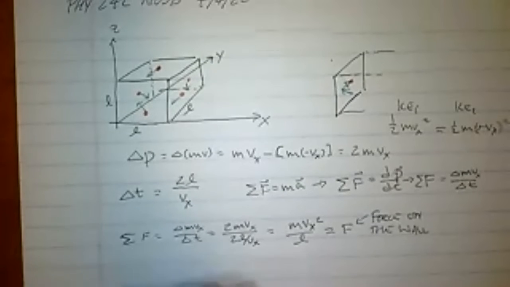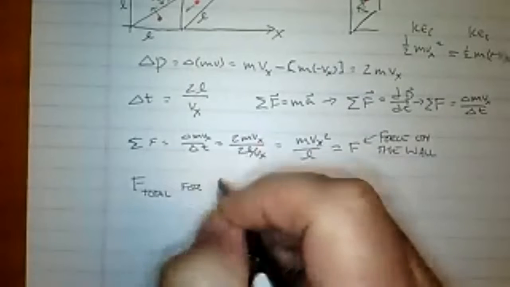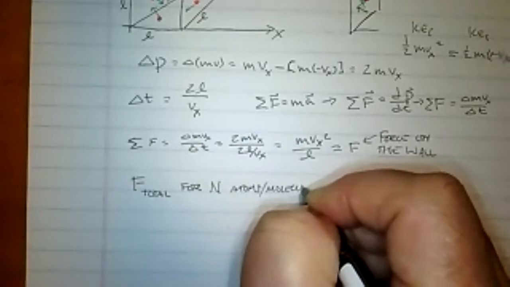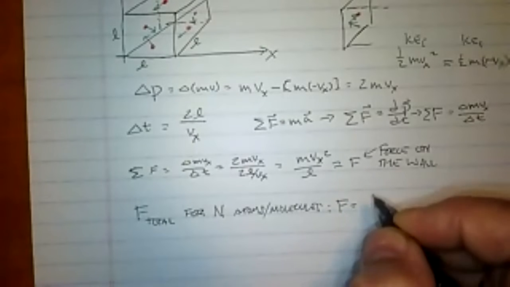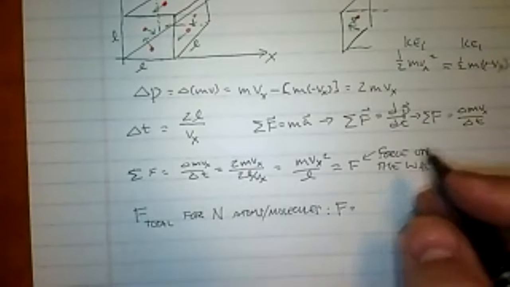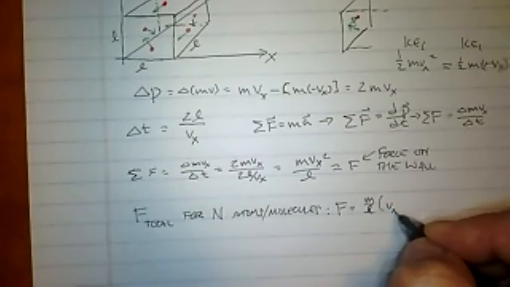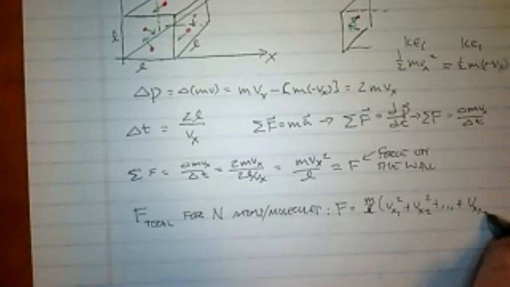Well, for n particles, what that means is the total force for n atoms or molecules is F equals, now what we had was basically a common factor of m over L. So I'll write m over L, and then I'll write Vx1 squared plus Vx2 squared plus ... plus Vxn squared.